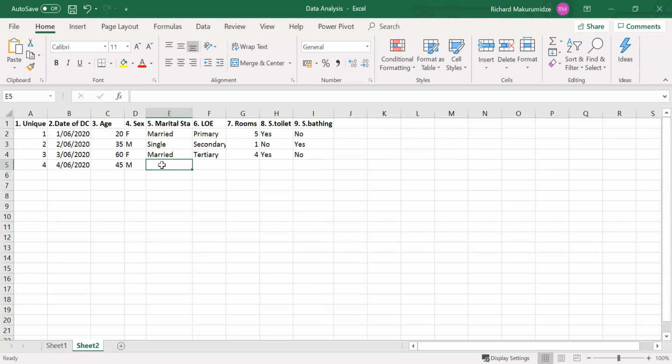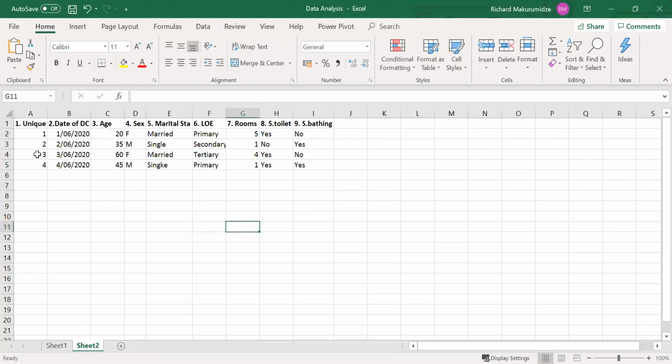Marital status, maybe single again, depending on the questions. Level of education is primary. Then number of rooms, I got 1 room. Sharing toilets, and they were sharing bathing.